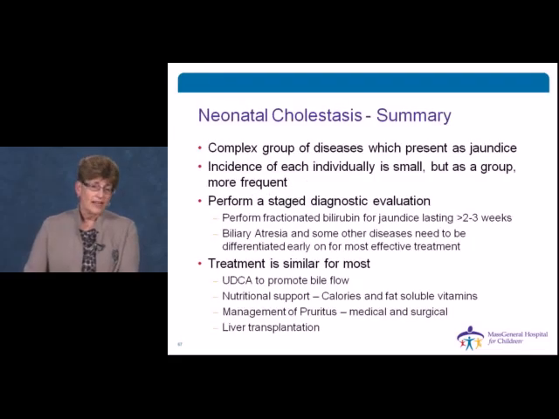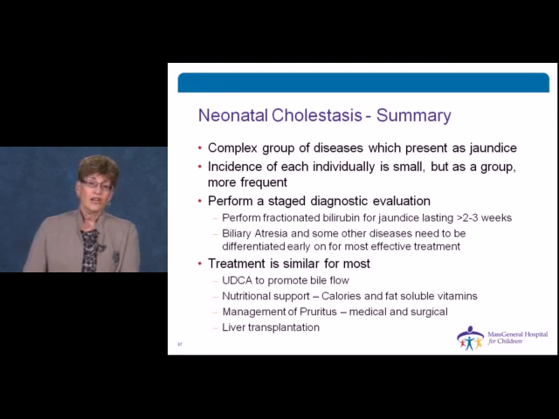And so to summarize, neonatal cholestasis is a complex group of diseases, all of which present at least in part with jaundice, some of them with other problems as well. The incidence of each individually is small. As a group, the incidence is much more frequent.